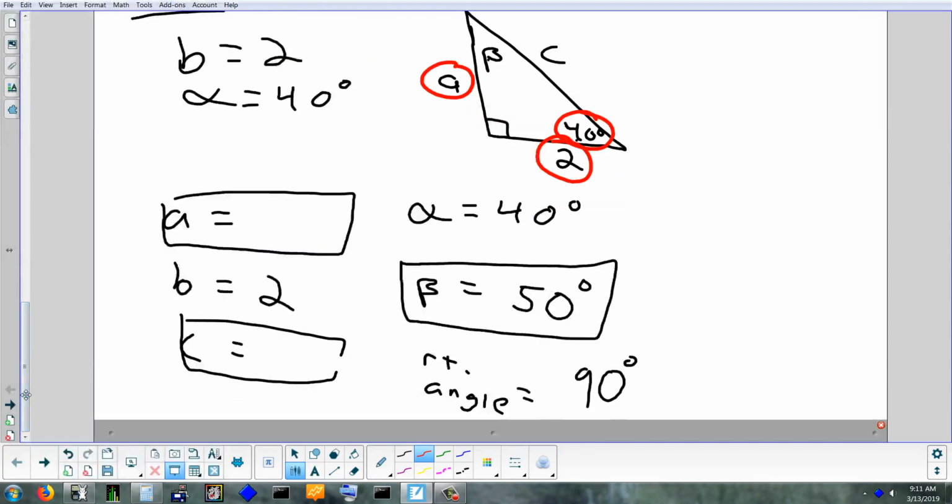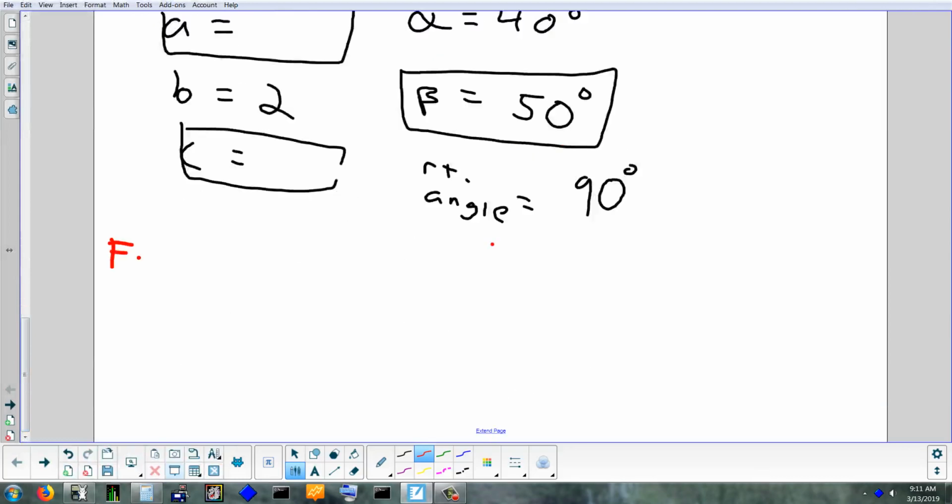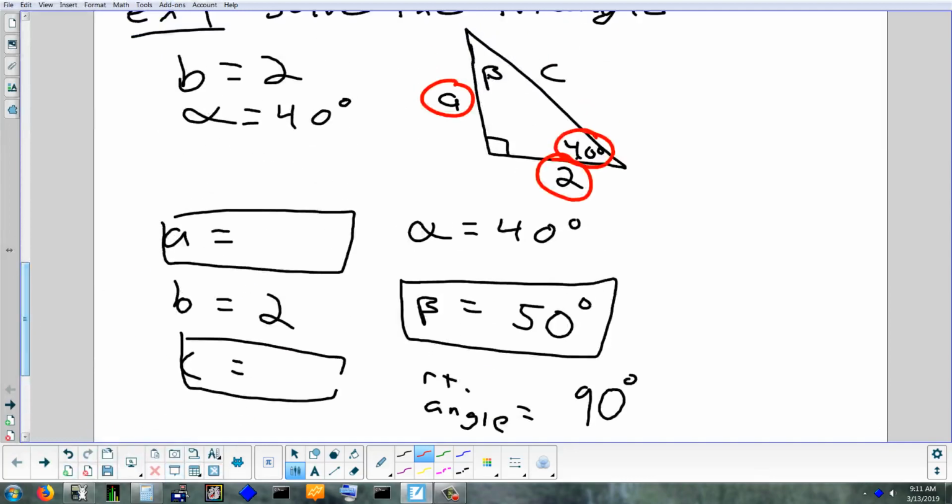All right, so now we're going to find A. To find A, we have to pick one of those 3 trig functions. How do we pick which one? Well, we have to look at the side that we know and figure out its name, and the side that we want to know and figure out its name.